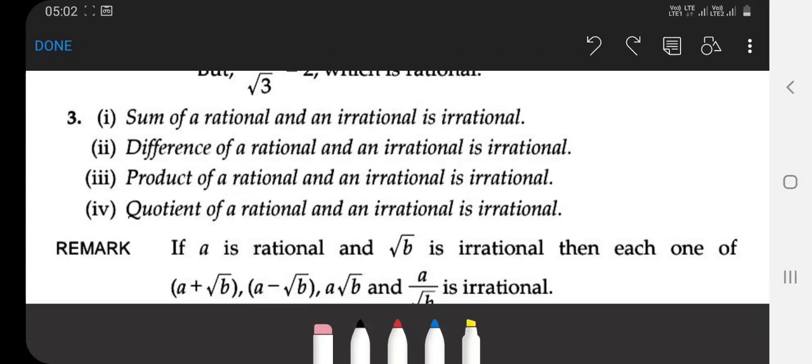Some other important results: the sum of a rational and an irrational is irrational.